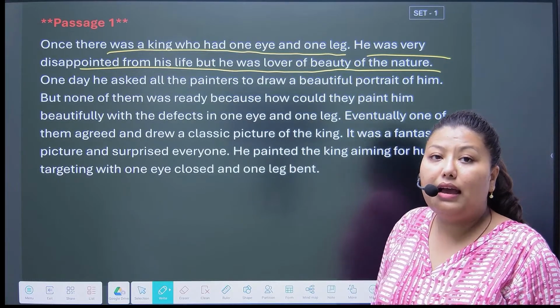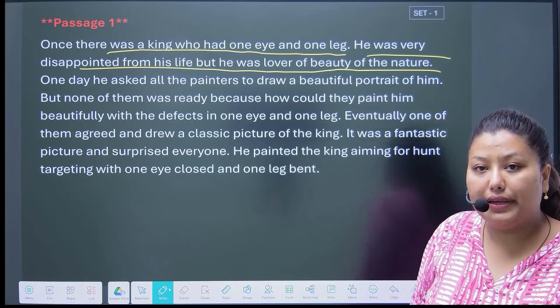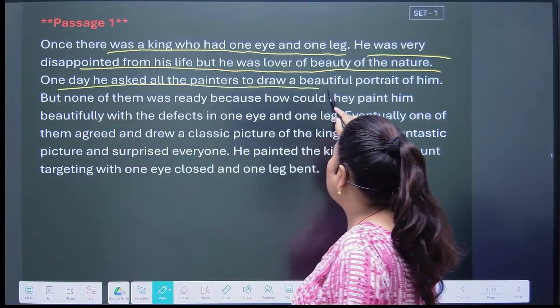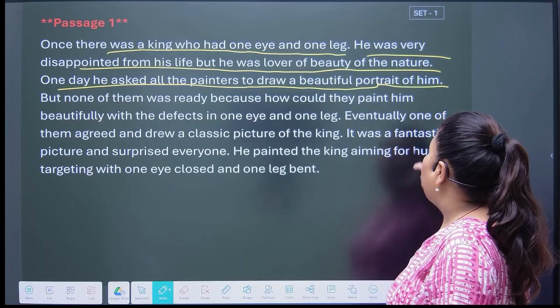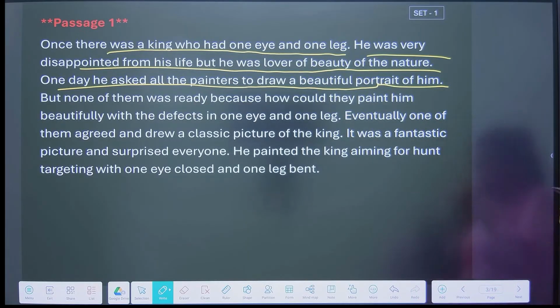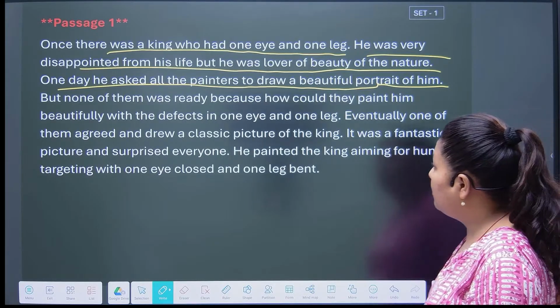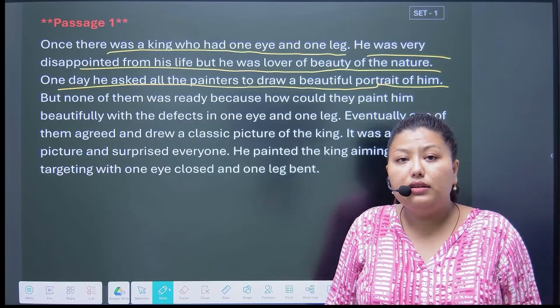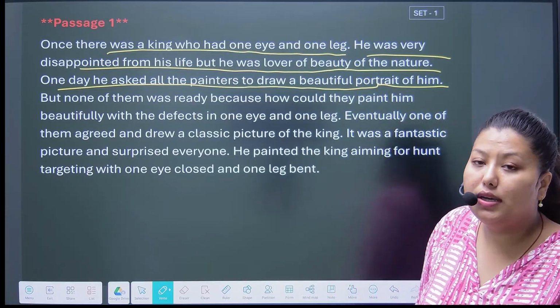What did the king ask all the painters one day? So the answer is, one day he asked all the painters to draw a beautiful portrait of him. Next, why were the painters not ready to draw his picture?